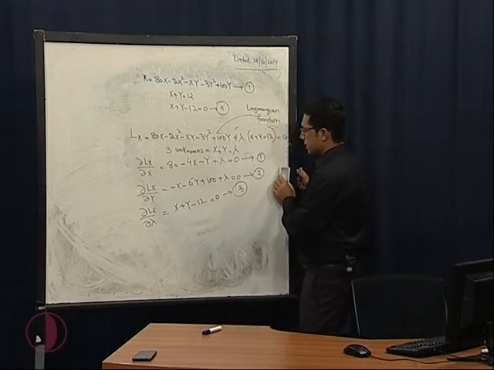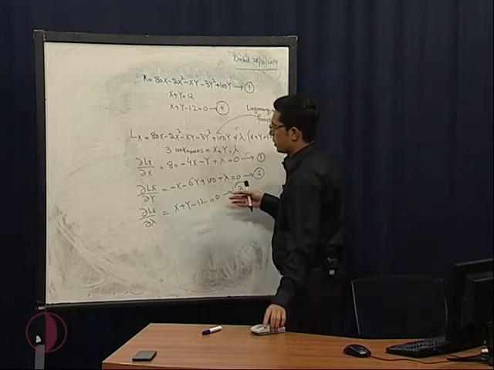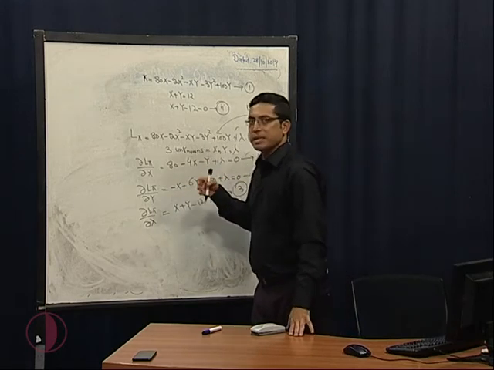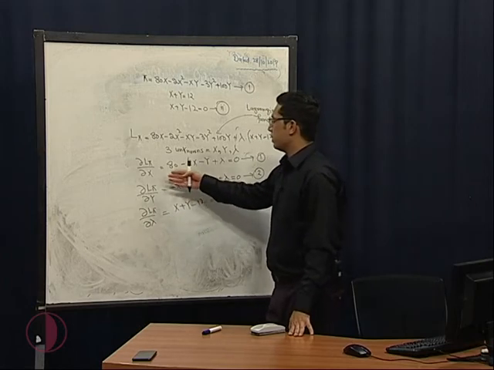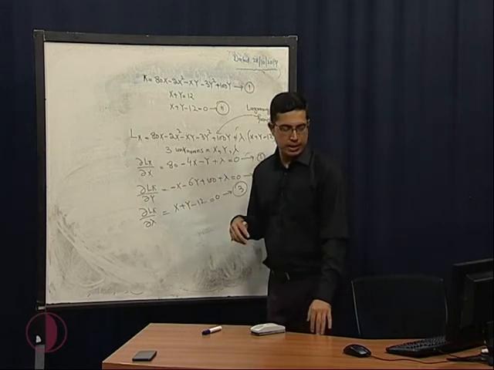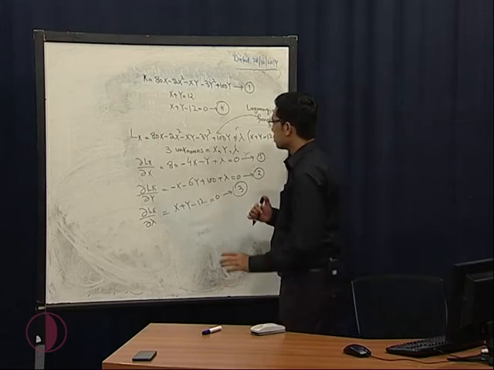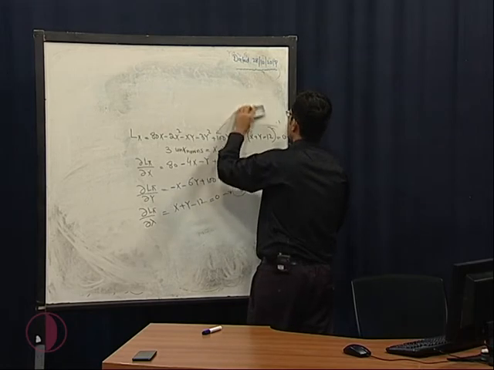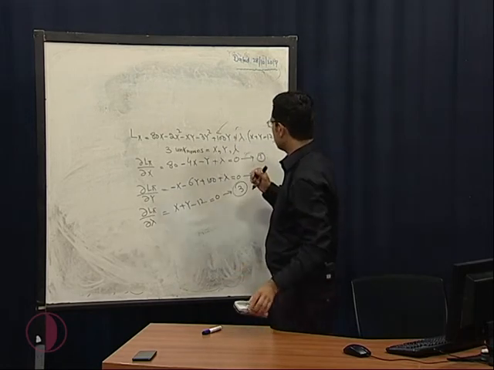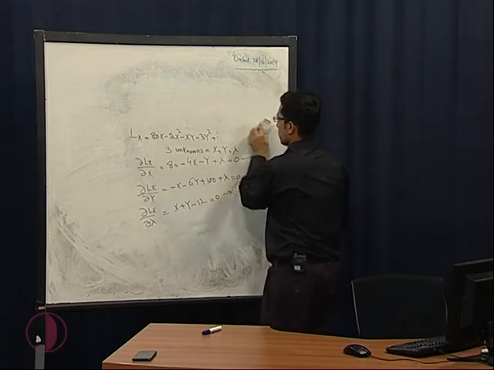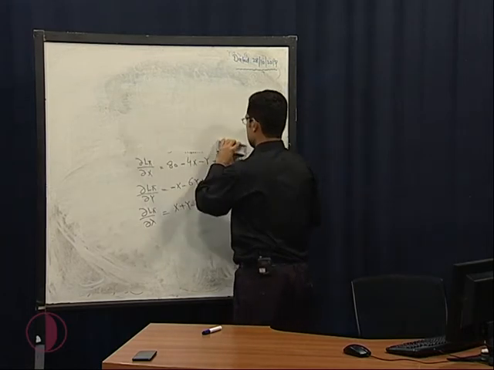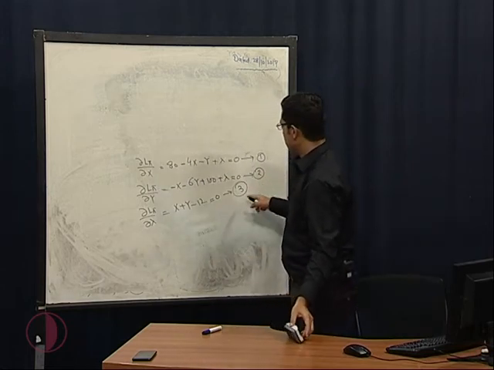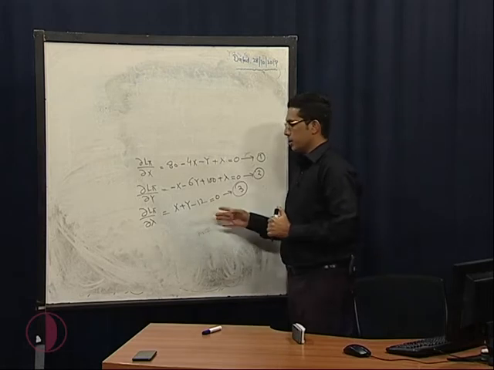Now we have 3 equations. We need to solve these equations simultaneously in order to find the value of x, y and lambda. So, how will we solve these equations? This is equation 1, this is equation 2 and this is equation 3.